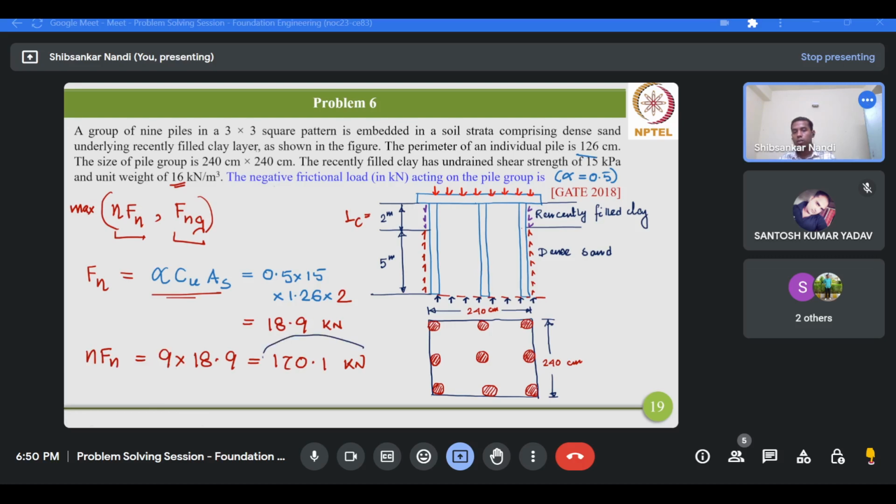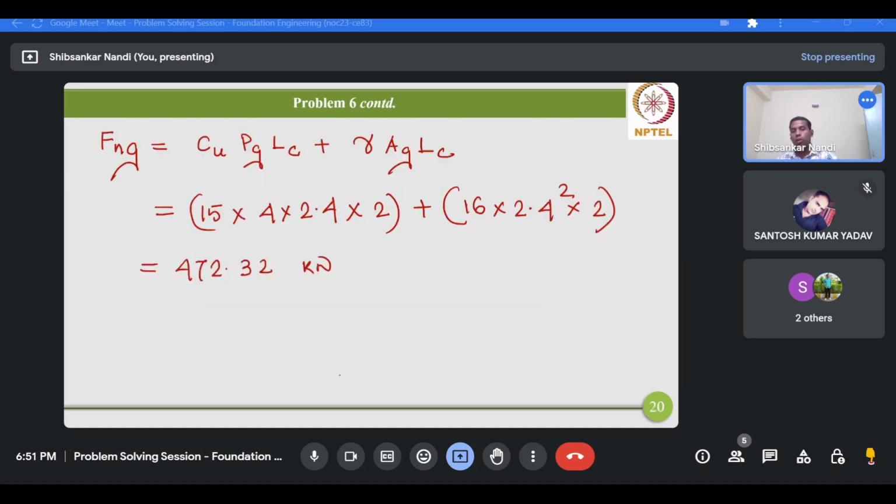Okay. So this is considering n times Fn. First you are calculating the negative friction load acting on an individual pile, then you are multiplying by the number of piles involved in the pile group. So in that fashion you are getting the negative frictional load on the pile group as 170.1 kilonewton, and considering the block case you are having the negative friction load as 472.32.